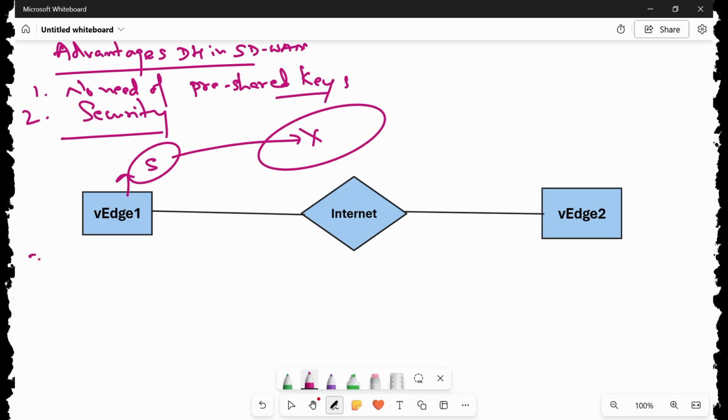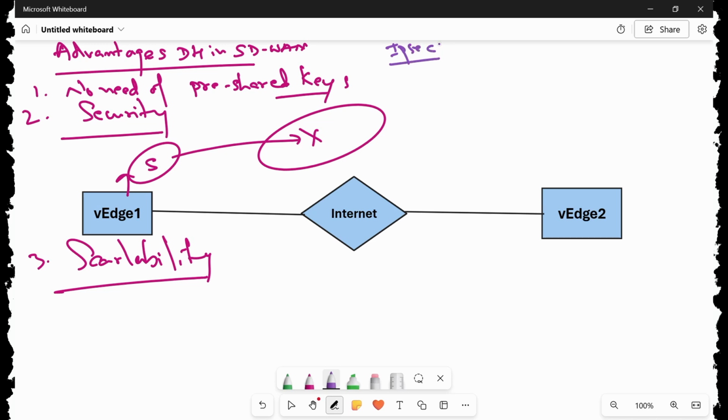And the third advantage is scalability. Diffie-Hellman key exchange supports dynamic tunnel creation in large SD-WAN networks.